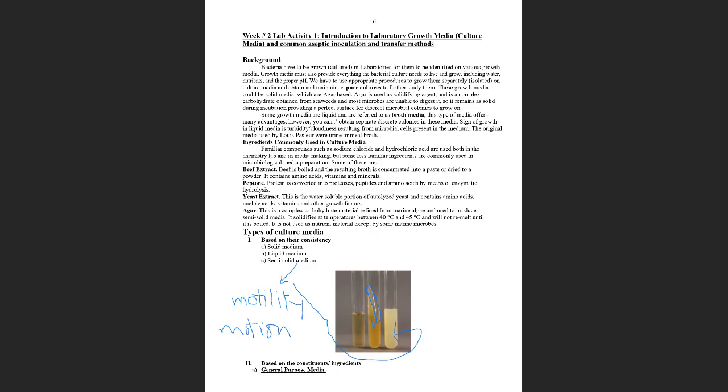Where I drew the blue line, that entire surface is good for you to grow your bacteria on. But this one over here is called agar deep. Agar deep. So when we are preparing a motility medium, which is a semi-solid medium, we use agar deep.